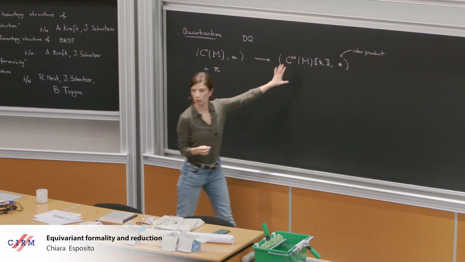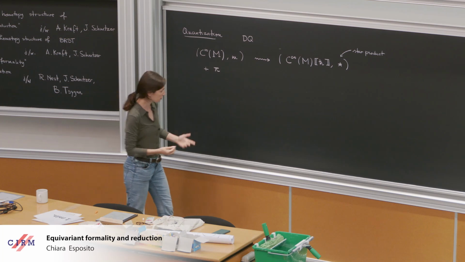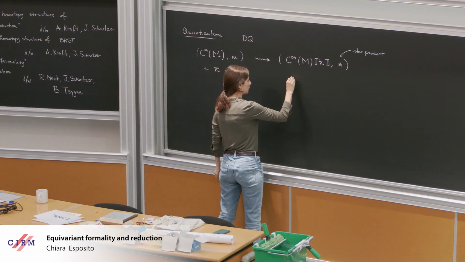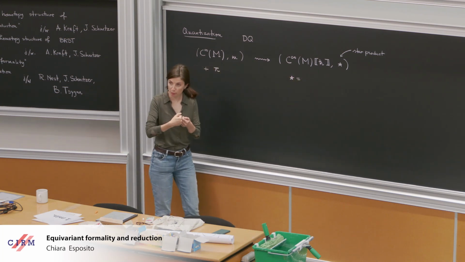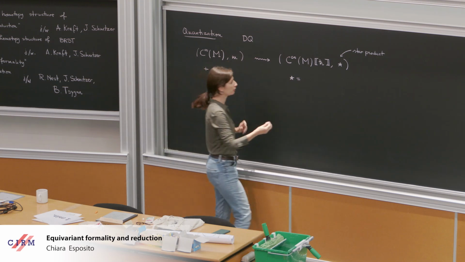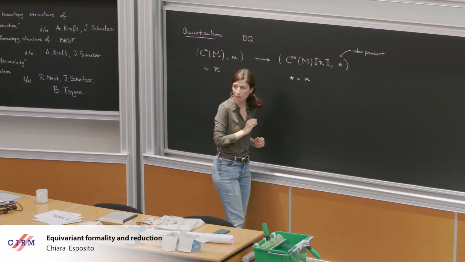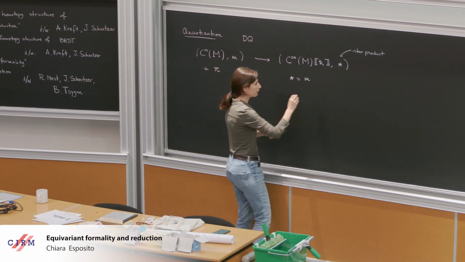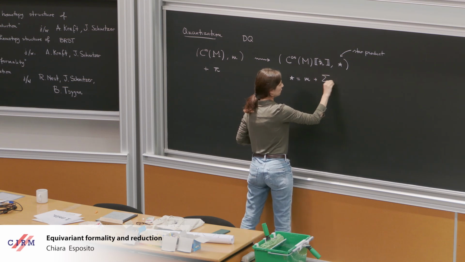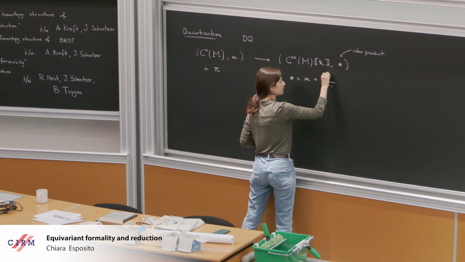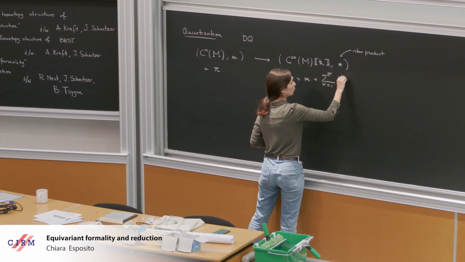So you see formal power series. So what is the star product? The star product is, as I told you, a deformation of the classical one. So formal power series starting with m plus whatever. Well, not really whatever. Let's think a bit about what we have here.